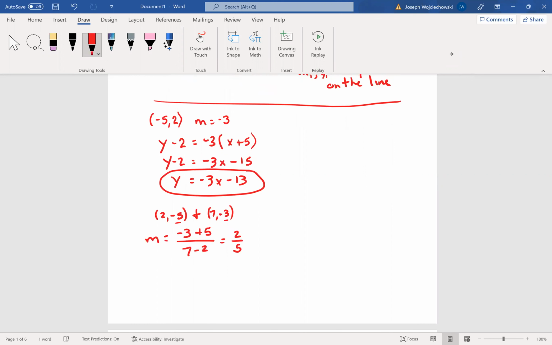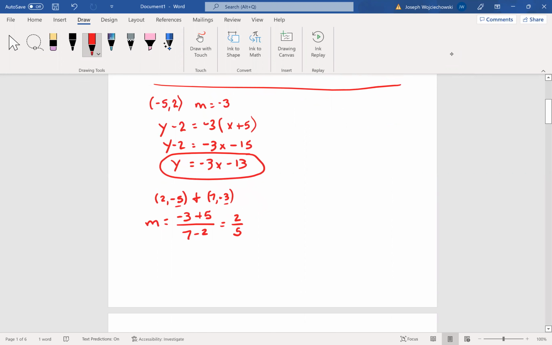Now I have a point. I could pick either one. Let's go ahead and use this one. So now y minus a -5 is equal to my slope 2/5 times x minus 2.